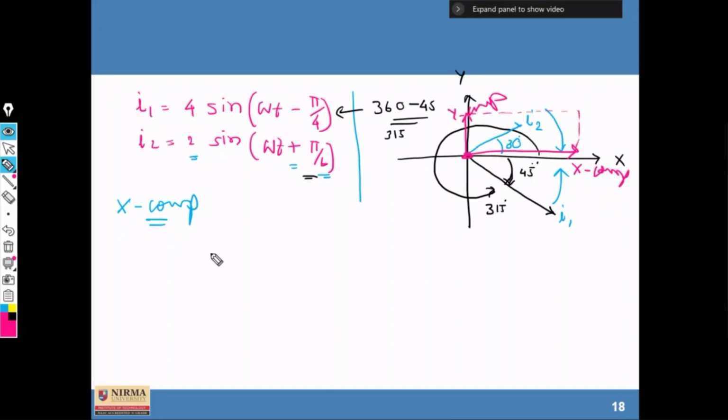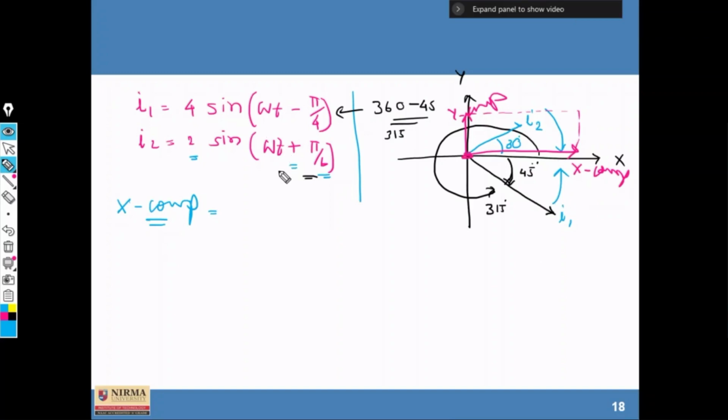and with the help of this x and y component, we are going to find the resultant one. Fine. So how to write the x component? The x component is equal to, first of all we start with I1, I2 and I3.